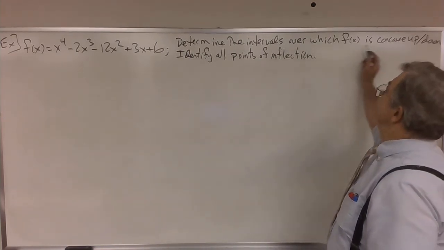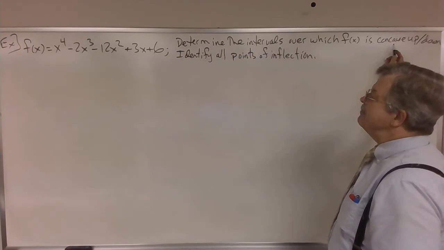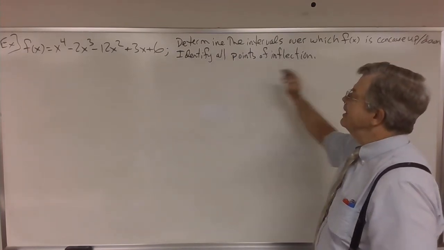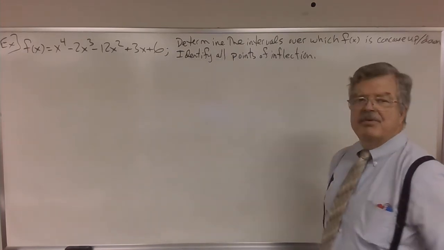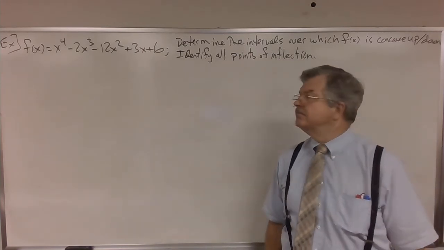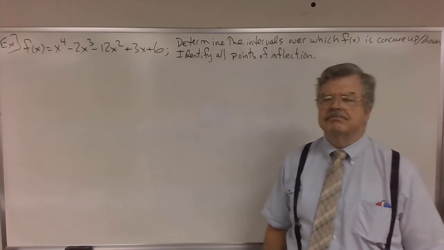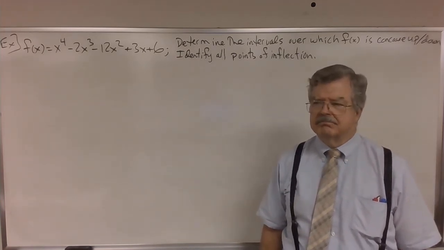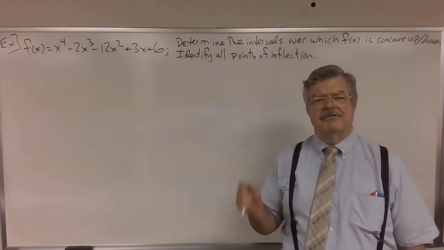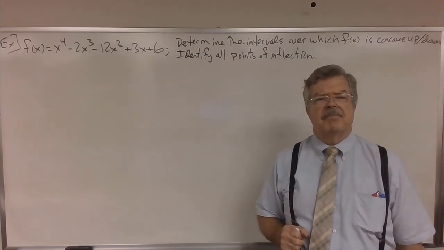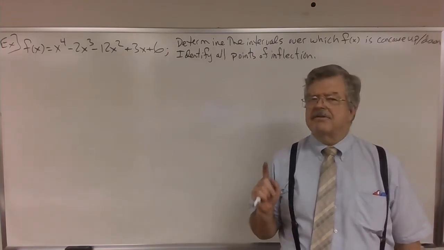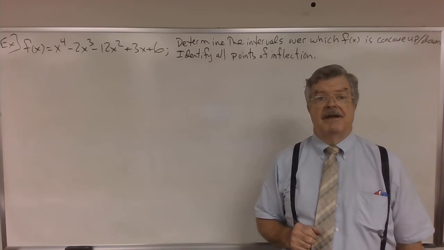Determine the intervals over which the function is concave up and concave down. Identify all the points of inflection. So where should we start? We're interested in concavity, right? And what tells us about concavity?